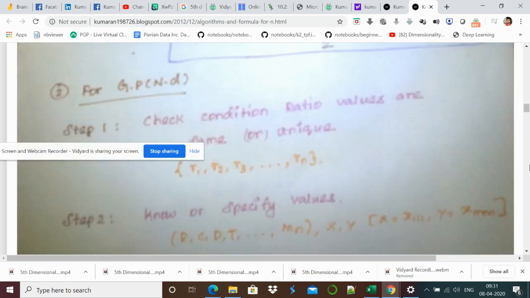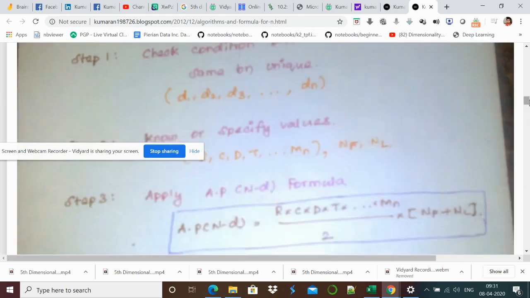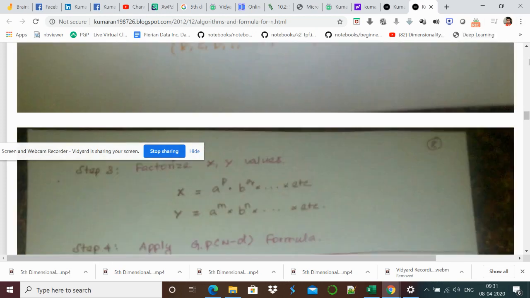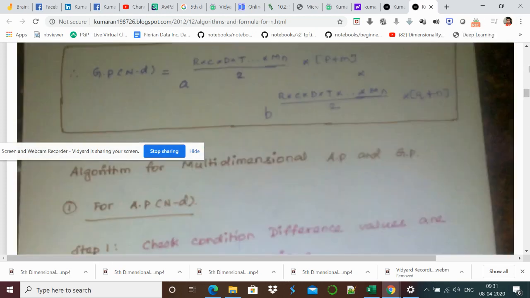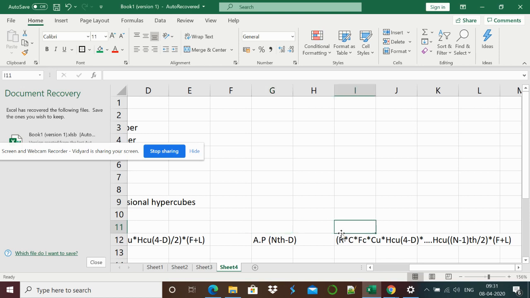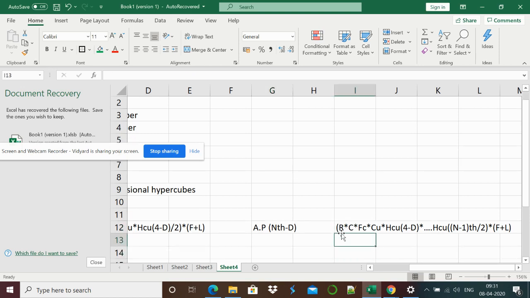This is a formula given as a scenario. NF is the first number and NL is the last number. That is a different way of showing the mechanism.